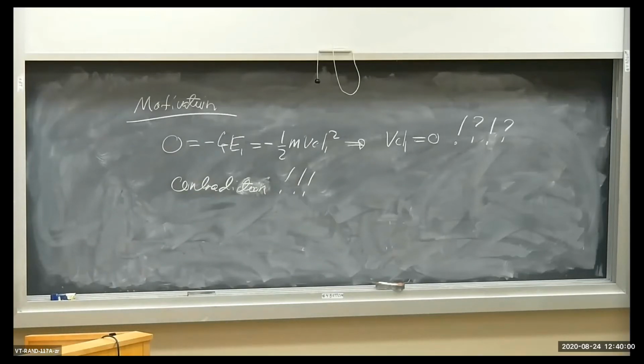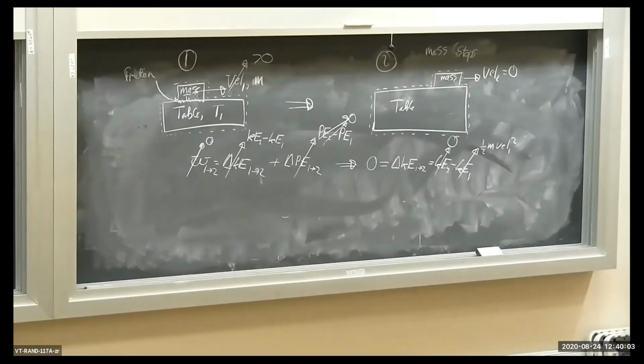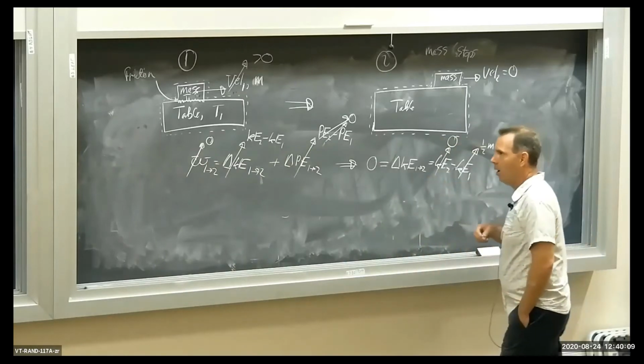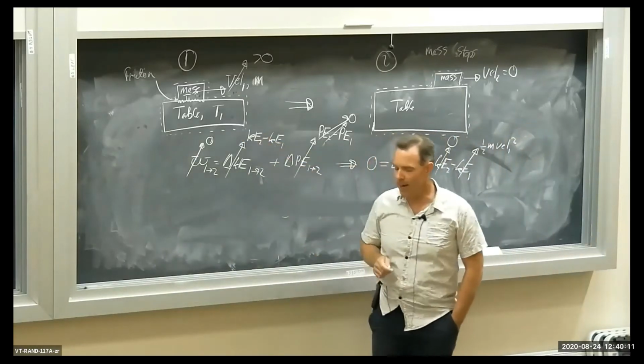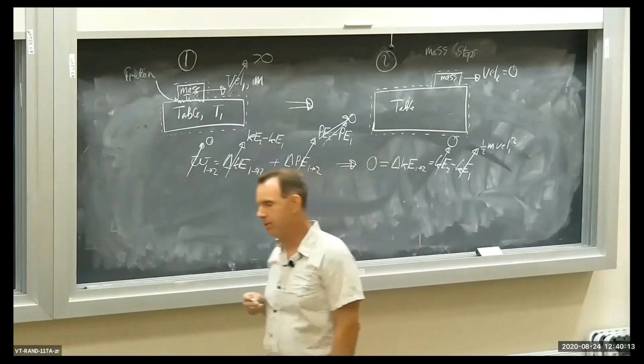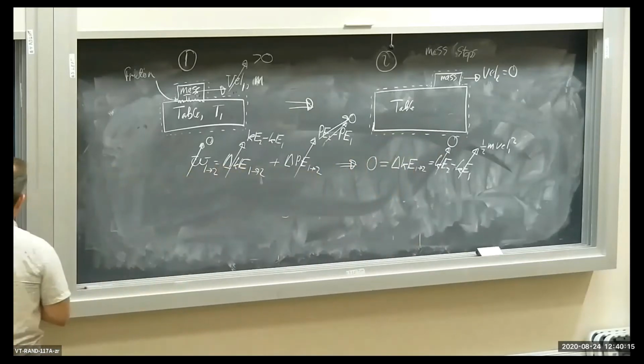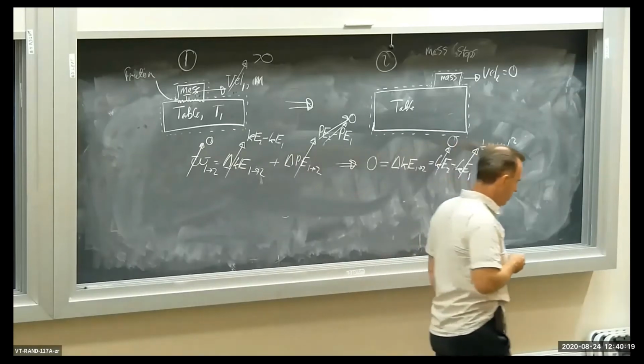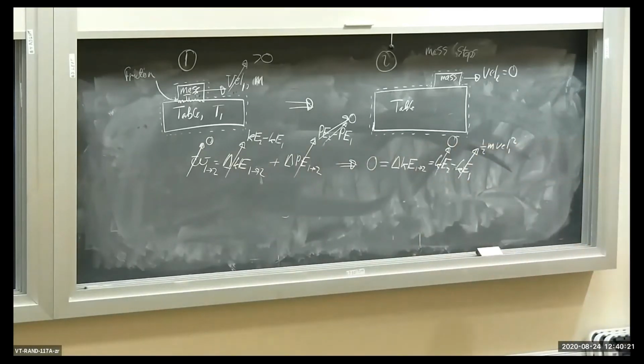Well, let's go back to our simple situation here. At state one, we measure the temperature of the table and the mass. And we find that it's got a temperature T1. Maybe it's room temperature, who knows?